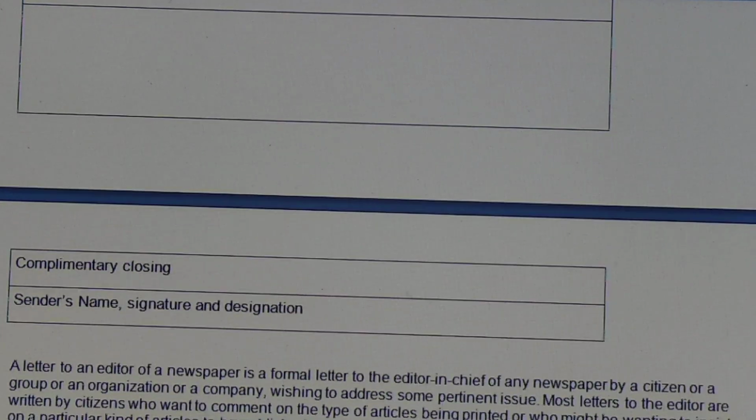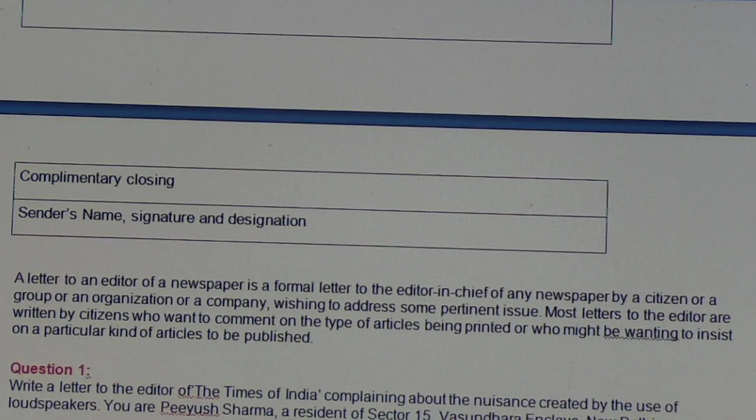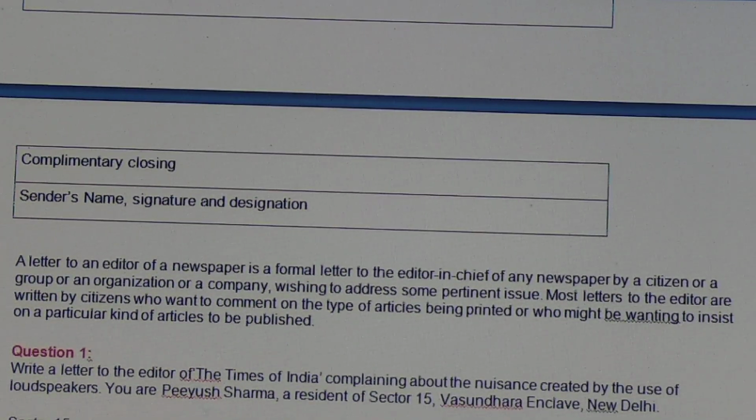So a letter to an editor of a newspaper is a formal letter to the editor-in-chief of any newspaper. It could be by a citizen or a group or an organization or a company wishing to address some pertinent issue. Most letters to the editor are written by citizens who want to comment on the type of articles being printed or who might be wanting to insist on a particular kind of articles to be published.